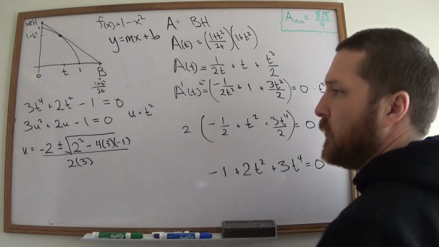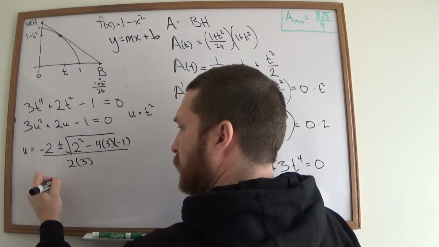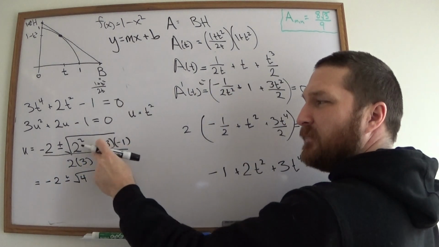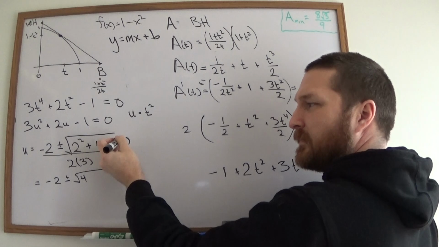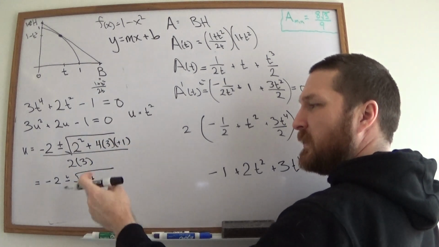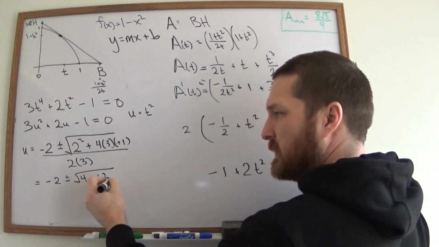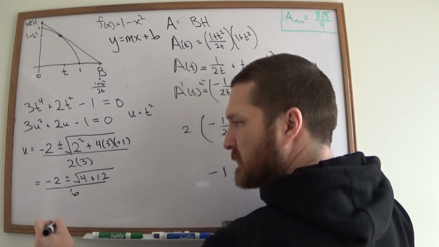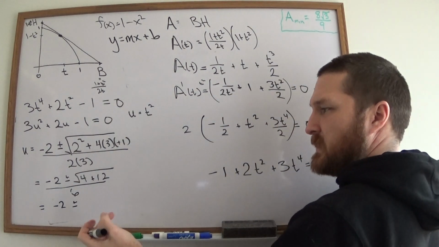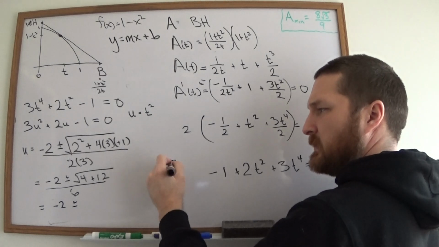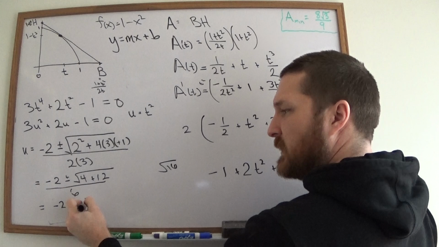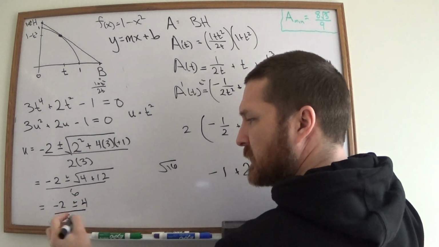So we get negative 2 plus or minus the square root of 4, negative negative makes this positive, so plus 4 times 3 times 1 is 12. All over 6. Now 4 plus 12 is 16, and root 16 is 4. So that's negative 2 plus or minus 4 all over 6.